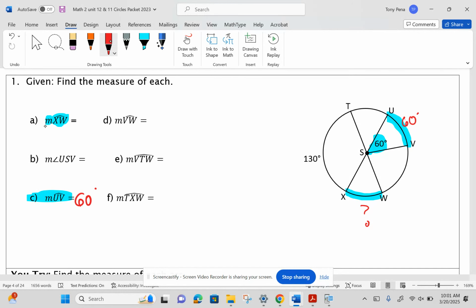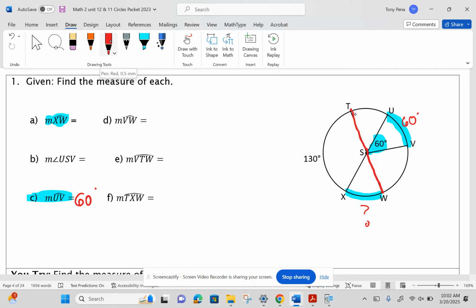All right. So now go to A. This is going to make you think just a little bit. If I now want this angle here, it would be the central angle, but do I give you the central angle here? No, so we can't just look across. But from our first page, what is the type of chord that goes right through the center of a circle called? What was that vocab word? That's your diameter, right?